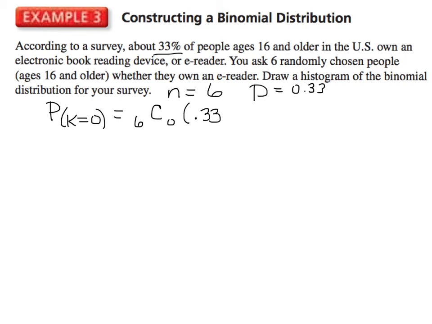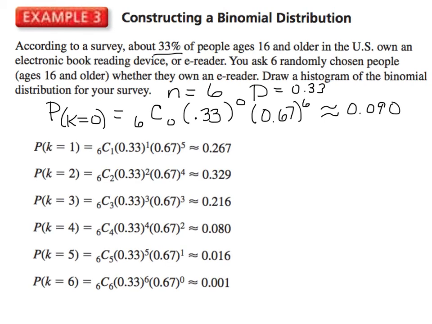That's what we want. We want to see who owns an e-reader. So 33% would be our success. Now, to the 0 power, multiply by 0.67, because that's 1 minus our success, to the 6th power, because that's 6 minus 0, and this would give us approximately 9%. And we would continue that. What's the probability of 1, 2 people to have a reader, 3, 4, 5, and 6?